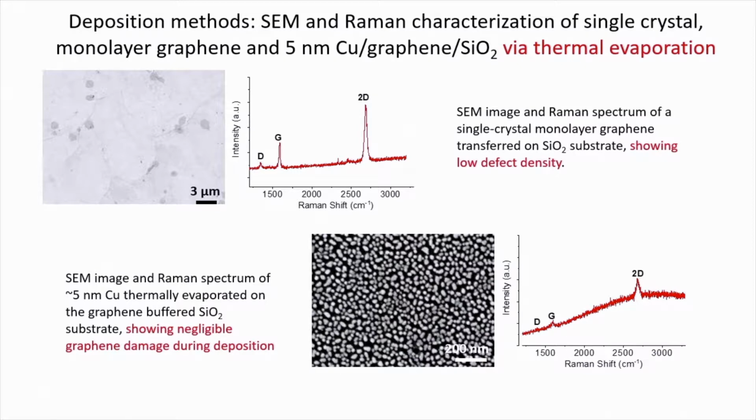And for the bottom one, we deposited 5 nanometers of copper on the graphene, because at this thickness the copper film is still not continuous. So we can use the Raman microscope to check whether there's any damage to the graphene, and the spectrum shows negligible defect peak. That means the thermal evaporation method is mild enough not to damage the graphene layer.